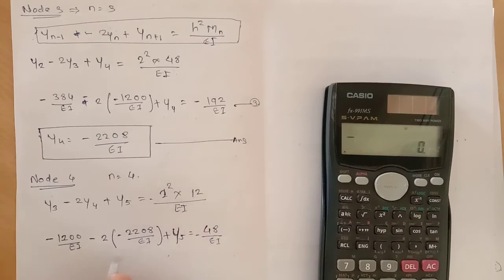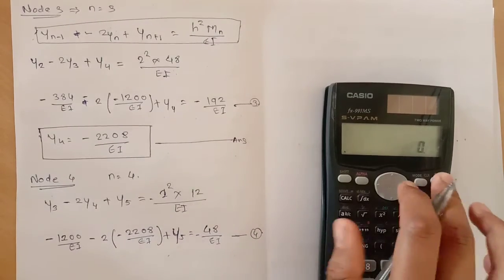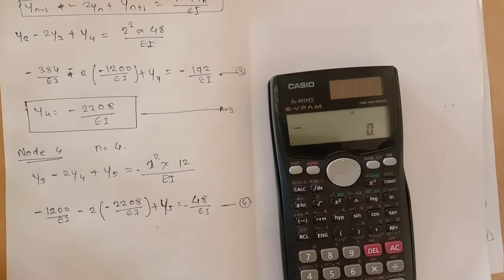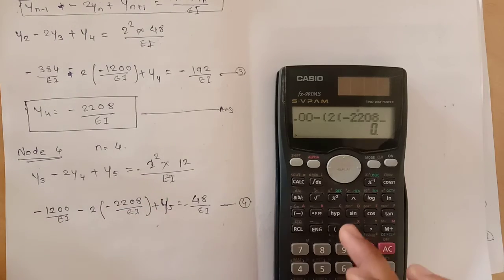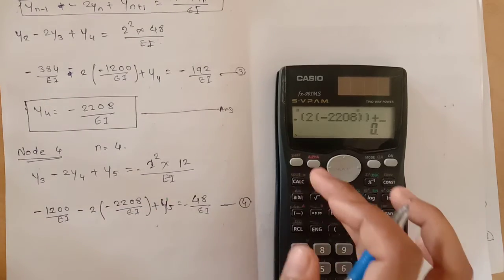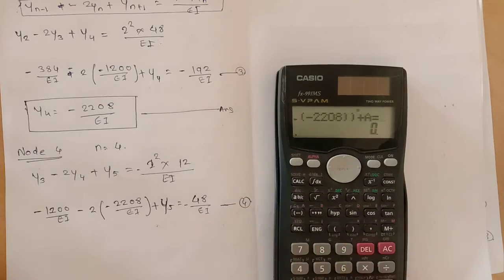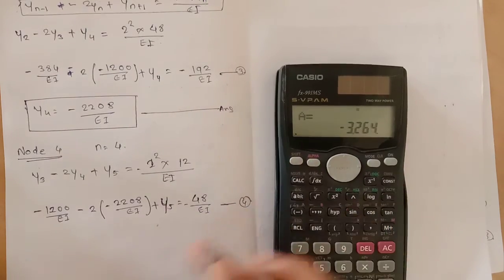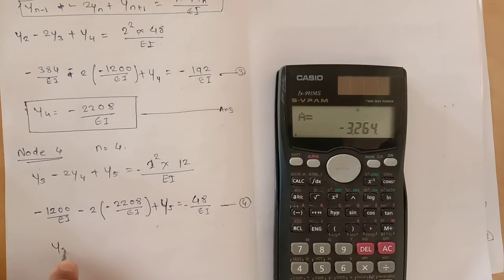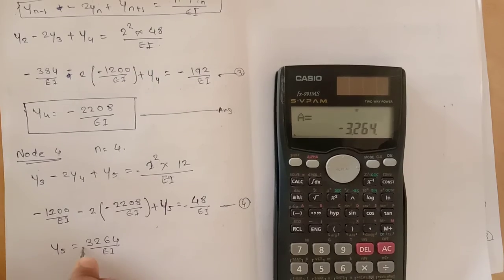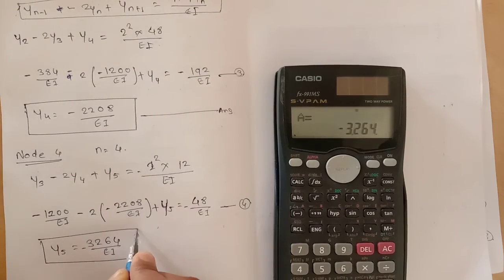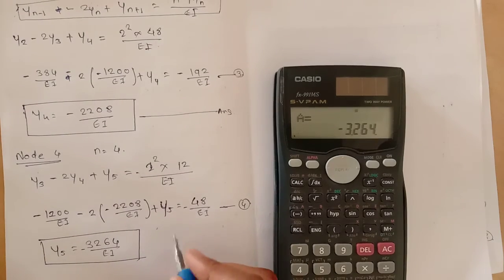Then solve this equation. This is equation number 4. Bracket close, plus y5 is equal to minus 48. So our final answer is that the y5 value is minus 3264 divided by EI. So this is the deflection at the fifth nodal point.